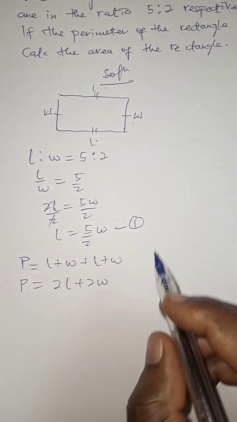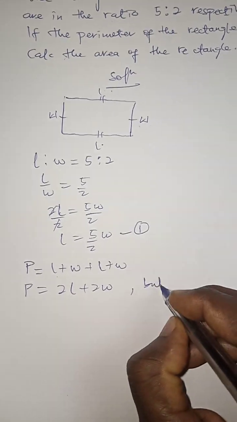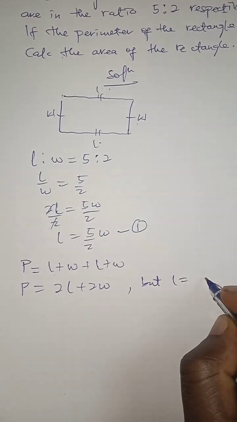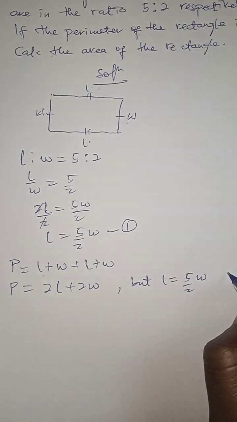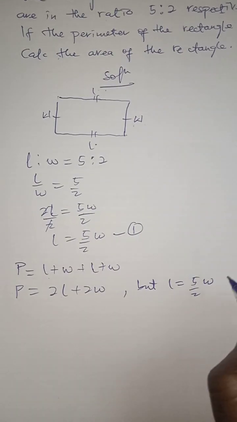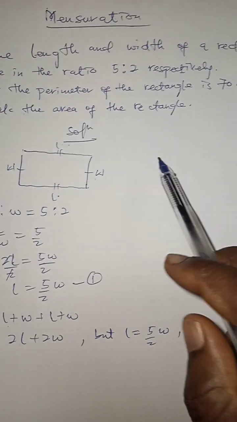But our length is equal to 5/2 W from equation 1. And also the question stated that the perimeter is 70 centimeters.